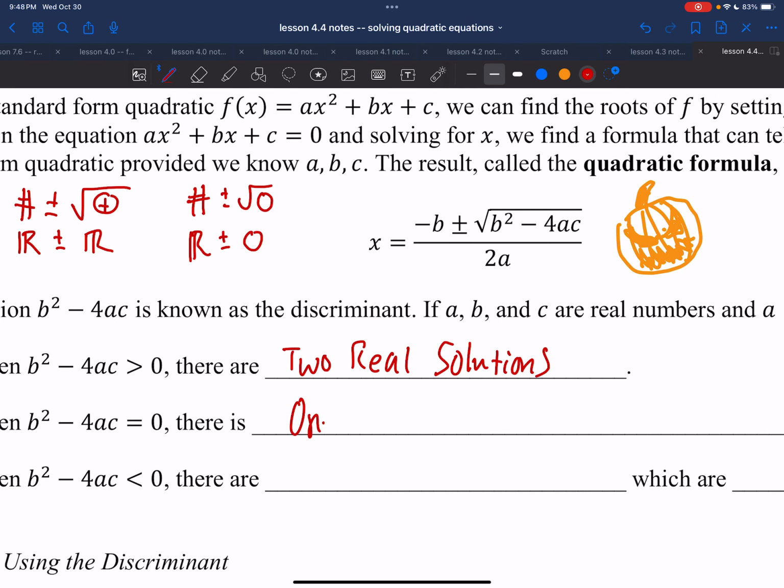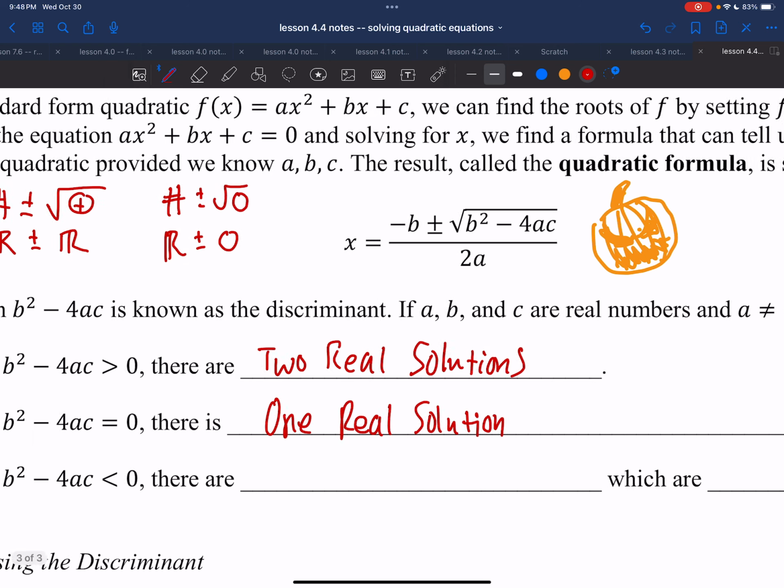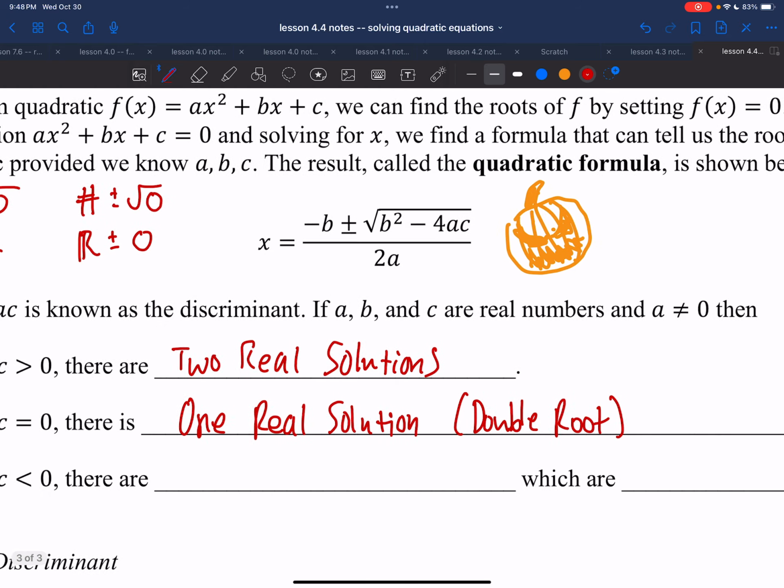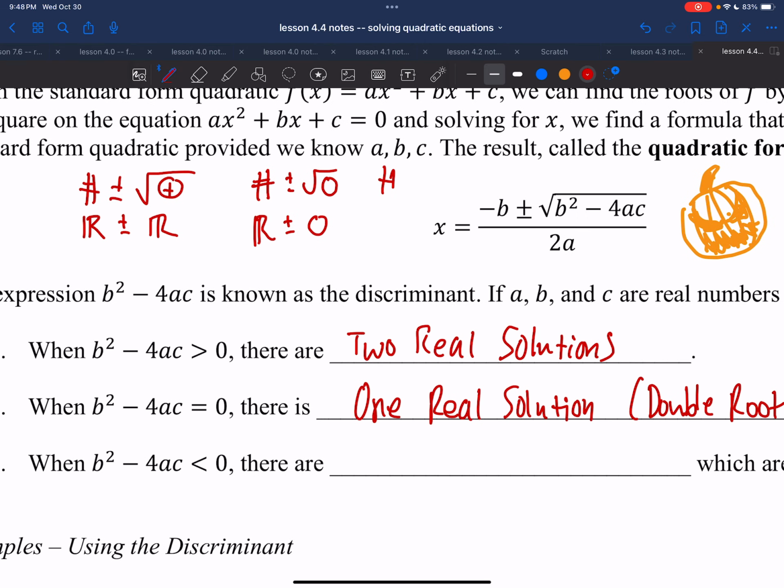You just say you have one real solution. But what's notable about that real solution is it's a double root. Yeah, we talked about that earlier in the video. Because if you only have one real solution, only one root, it has to be a double root because it's occurring twice.